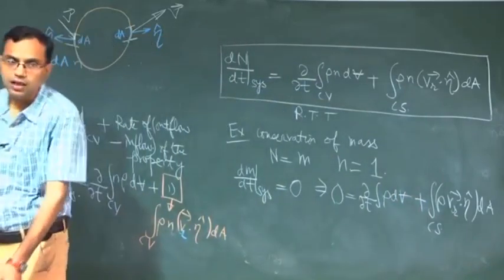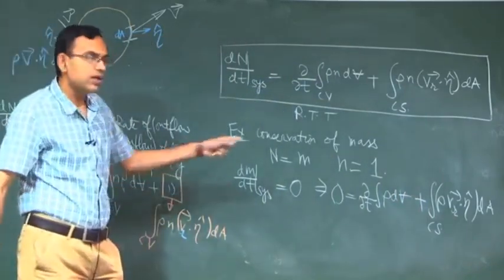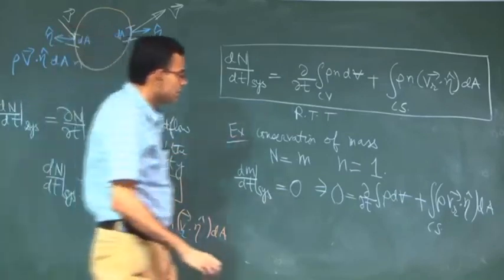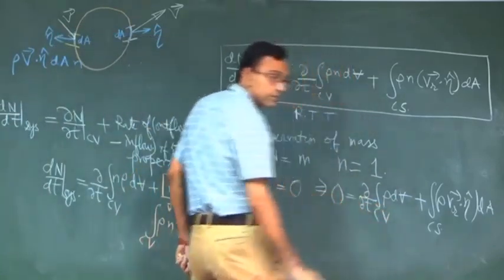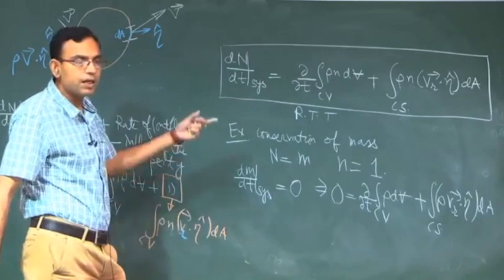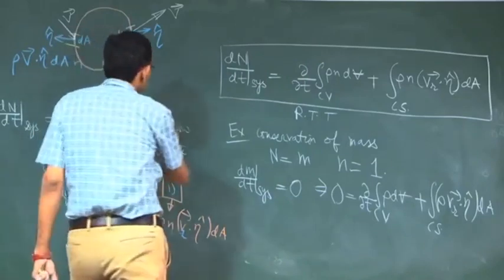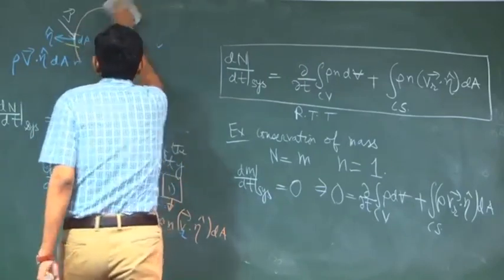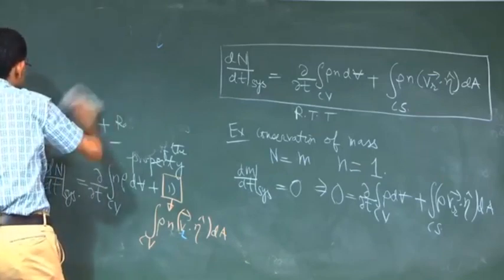In fact, this is an integral equation for mass conservation for the most general case, right. There cannot be a case more general than this, but let us consider some special cases.